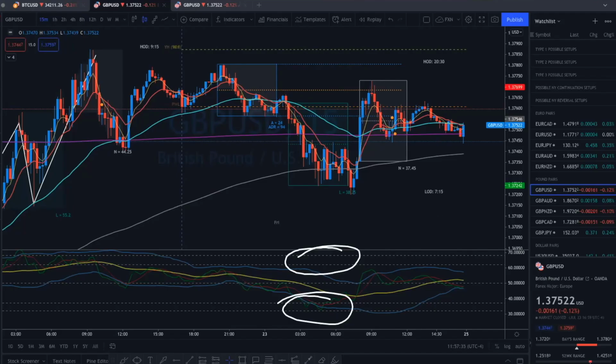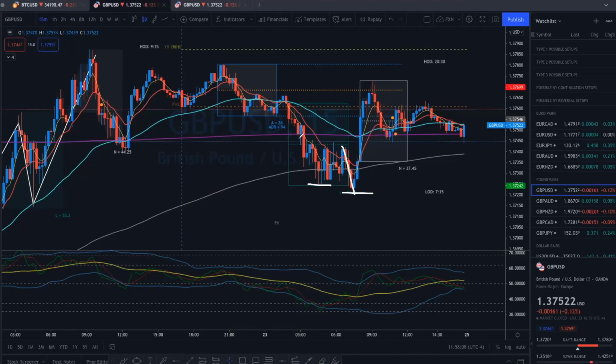Okay, that's one thing. Second thing is, I want you to notice how this right here would be the first leg. It comes up and then comes down for the second leg. Do you see how the second leg goes deeper than the first? Does everybody see that? Now, I want you to pay attention to that, because the second leg goes deeper than the first.